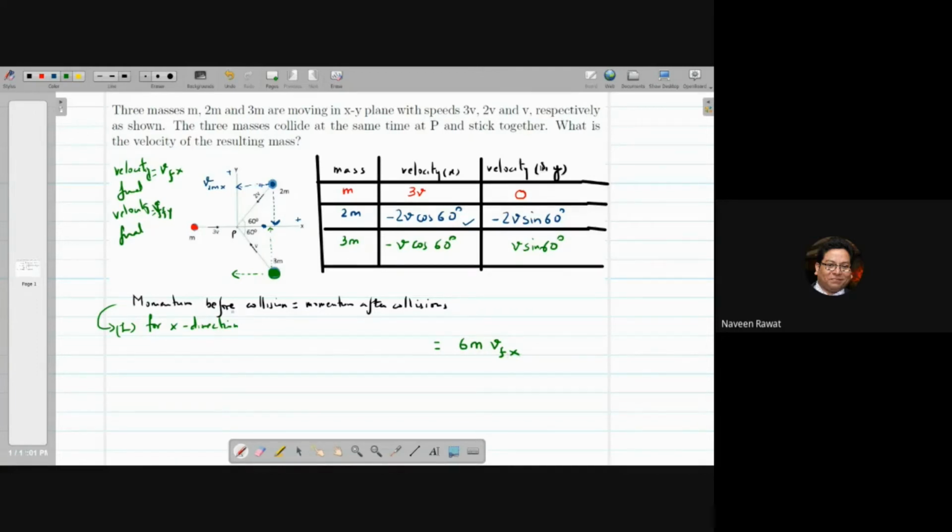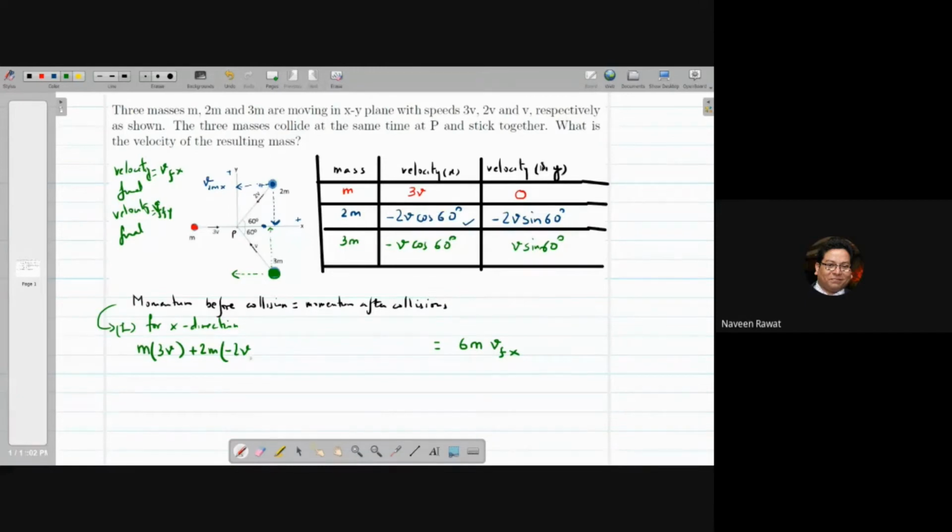So now the momentum before collision will be m times your first velocity, which is 3v. Then you have to add the second one, which is plus 2m, and the value is minus 2v cosine of this angle 60. Cosine 60 is just 1/2, the same as sine 30.